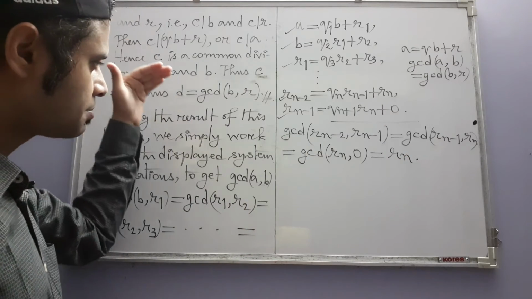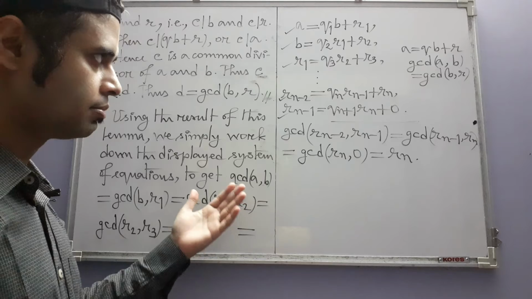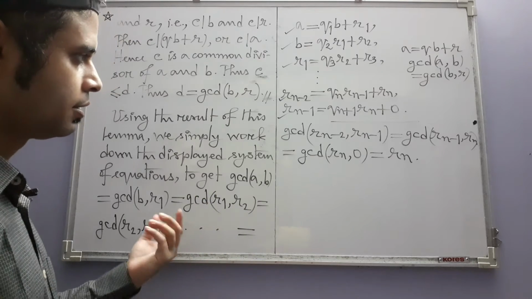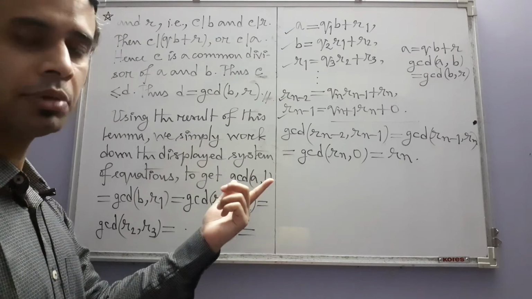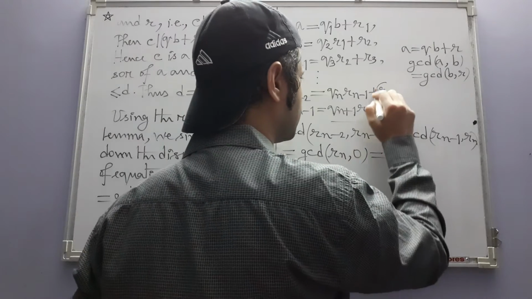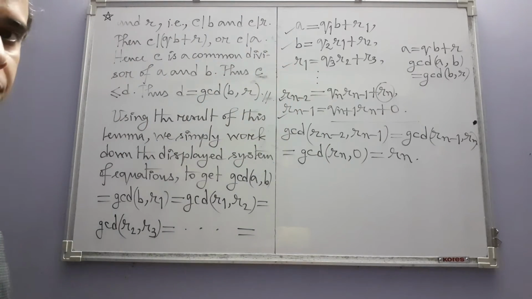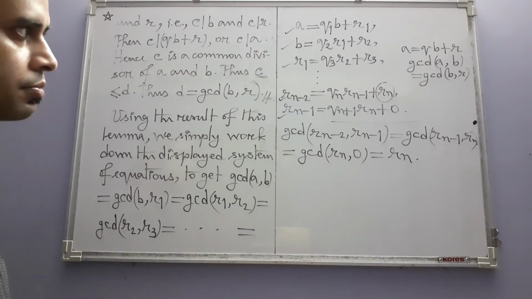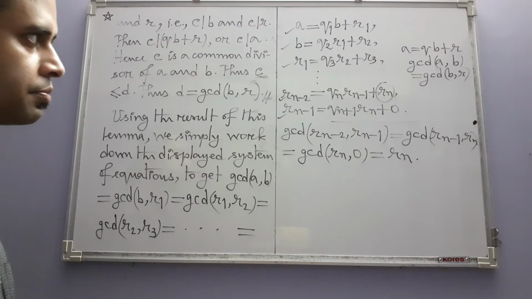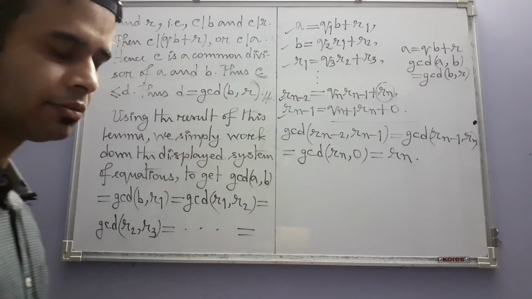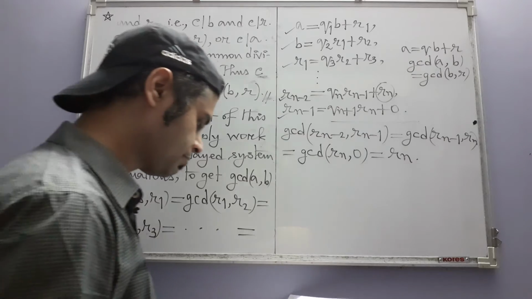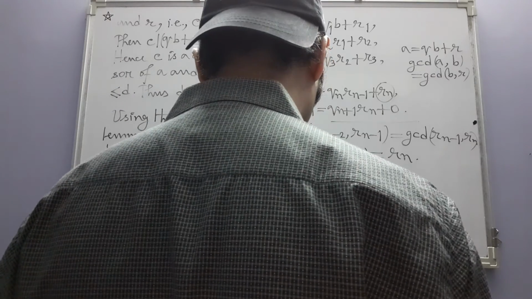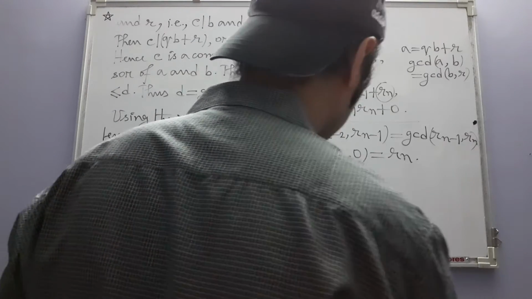If you continue this process of applying the division algorithm again and again, the last non-zero remainder that you have is the GCD. Which now we have demonstrated. So this is one thing.